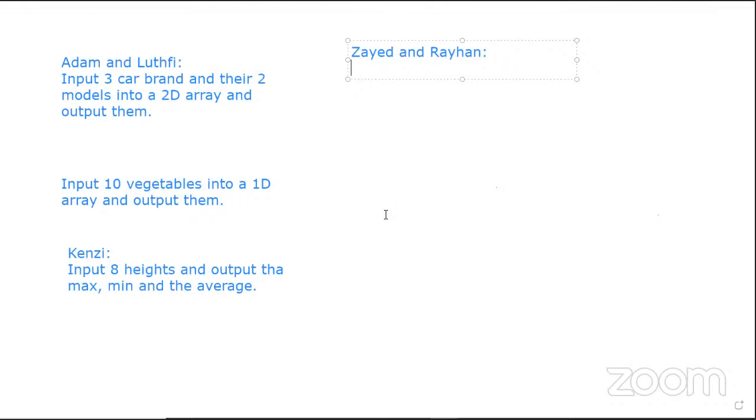So next thing I want you to do is when you input the vegetables, instead of 10, because I wanted to make it shorter, put 6 vegetables, and I'll tell you why. Because this time, instead of putting random letters or words or numbers, I want you to actually put vegetables into a 1D array.